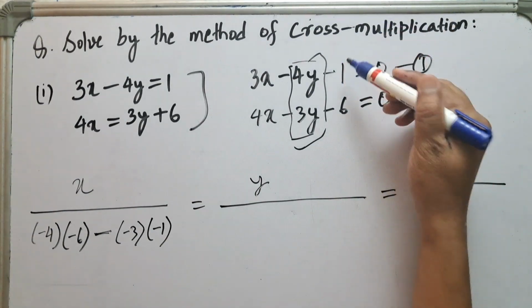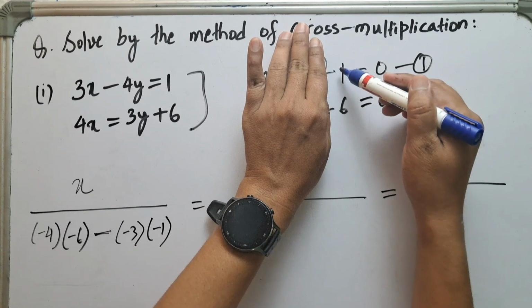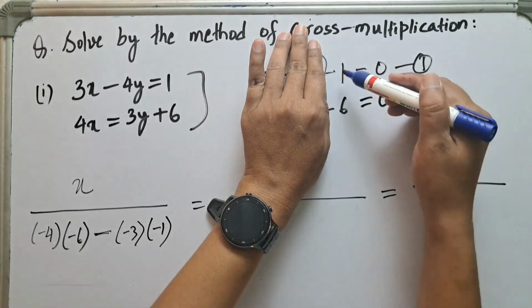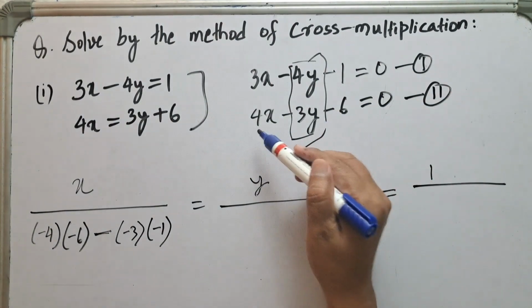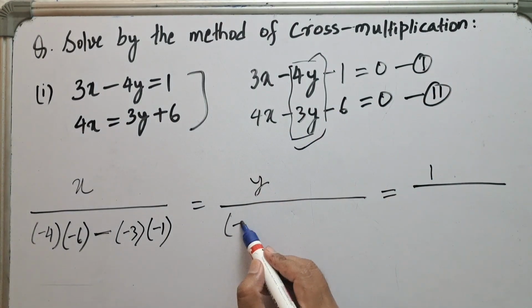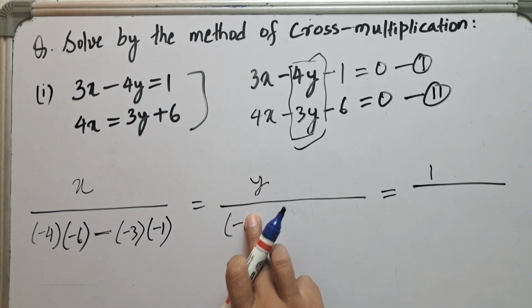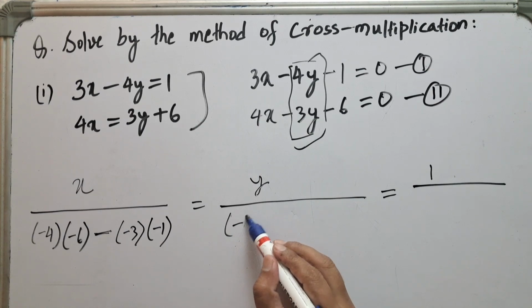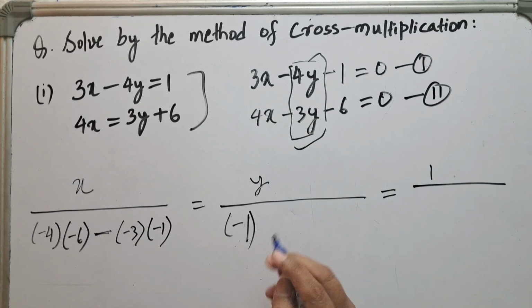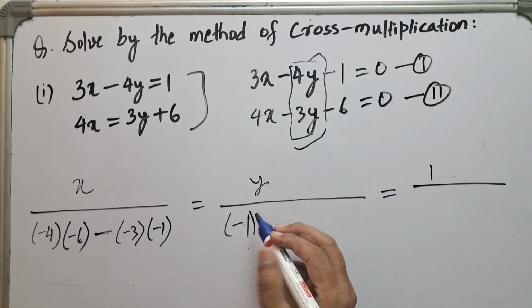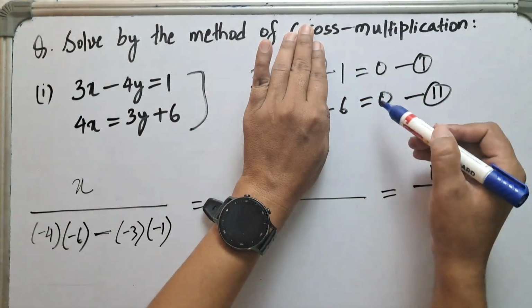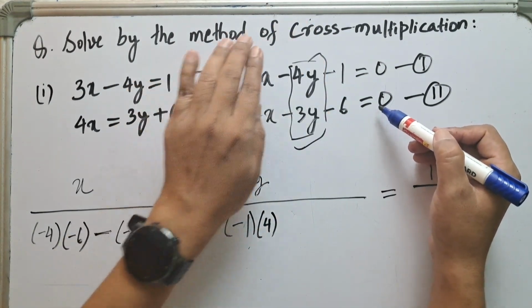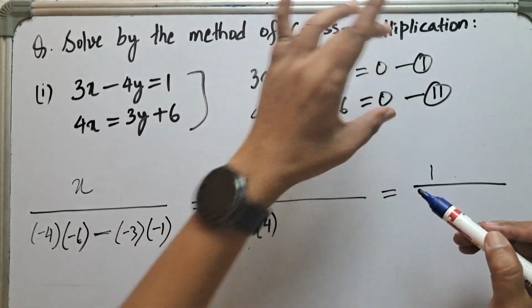When we cover this minus 1, first we have to multiply downwards diagonally: minus 1 into the number below, which is 4. So minus 1 into 4. This number we have to assume to the right.